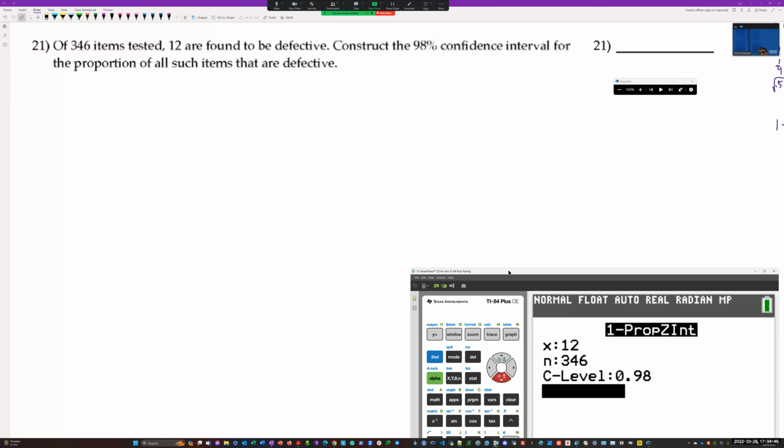Well, if you're saying you want to find the proportion of things that are defective, then you have to count the number that are defective, right?